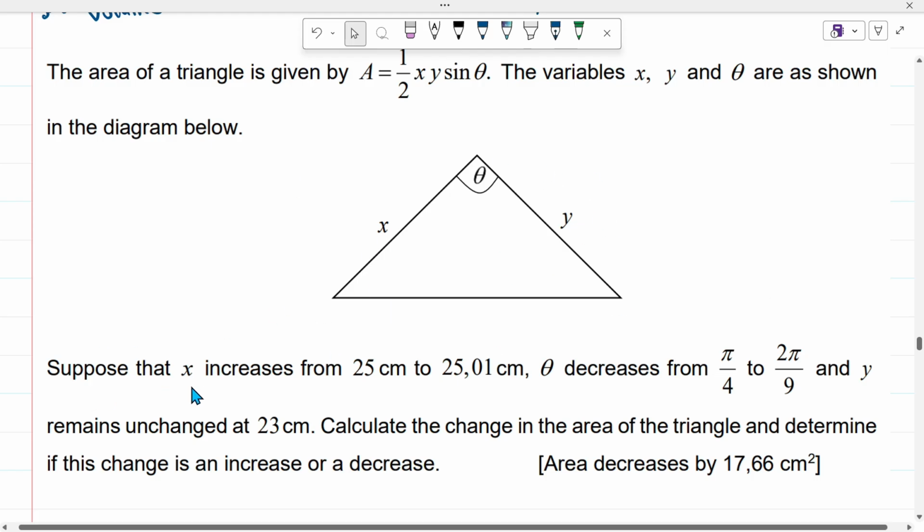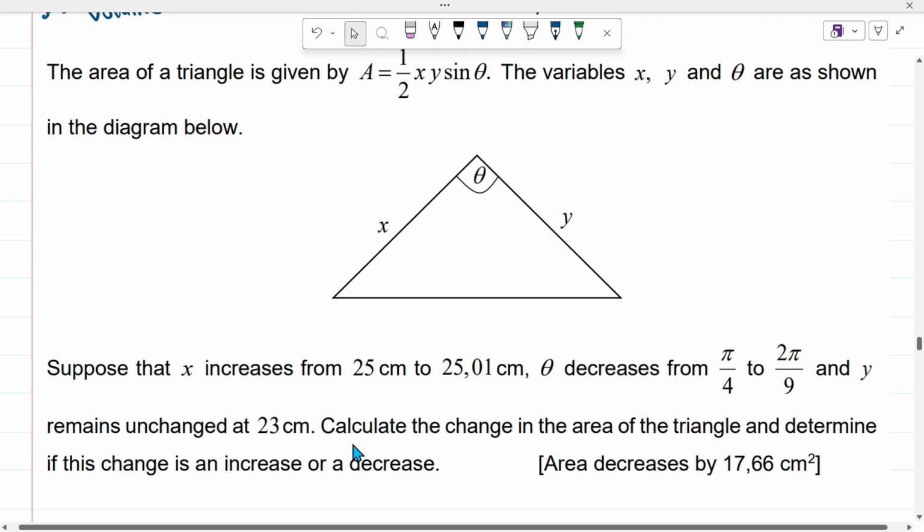Suppose that x increases from 25 centimeters to 25.01 centimeters, theta decreases from pi over 4 to 2 pi over 9, and y remains unchanged at 23 centimeters. That means we can keep y as a constant, so the small change in y is 0.